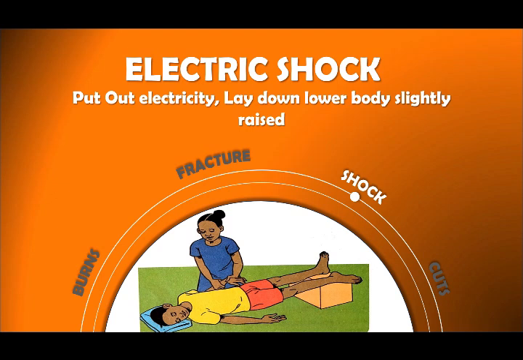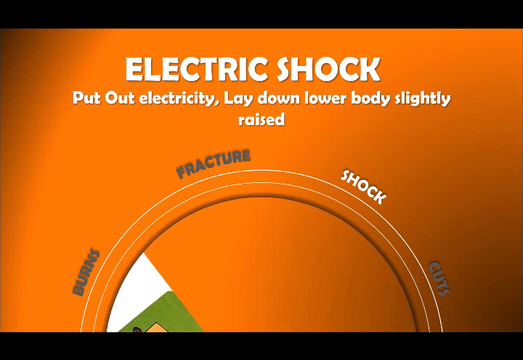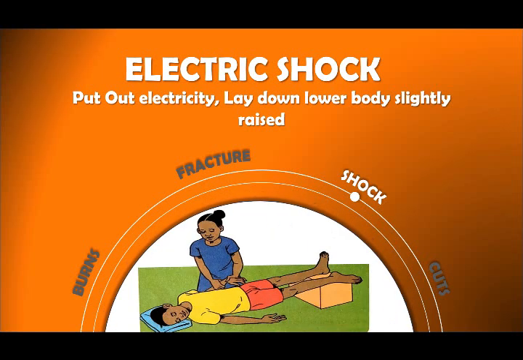If the person feels faint or is breathing in a short, rapid breath, the person should lie down with the head slightly lower than the trunk, and if possible raise the legs. So the lower body should be raised, as can be seen in the picture.